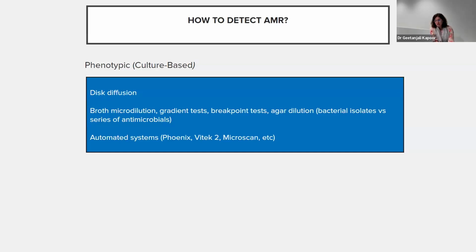Now, another culture-based method is the automated one. We do know there are lots of these gadgets there: Phoenix, Vitek 2, Microscan. Again, today's discussion is not meant to describe all of this, but for you just to know that these are the three main kinds of systems which are there.